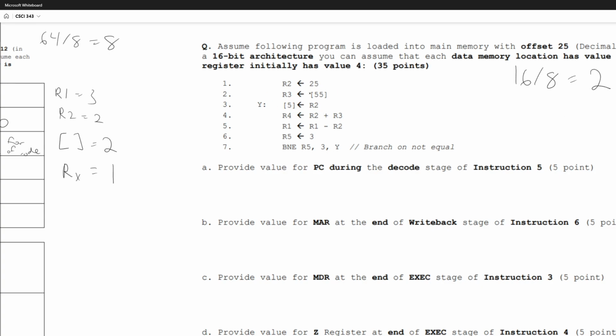So the first line of code is 0025, increment by 2 every time. So 0027, 0029, 0031, 0033, 0035, 0037. Okay.